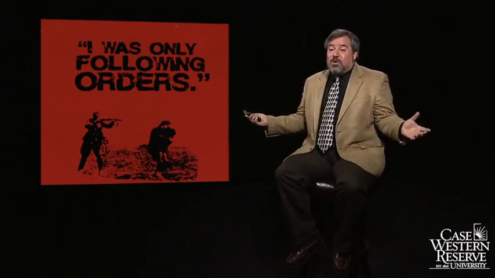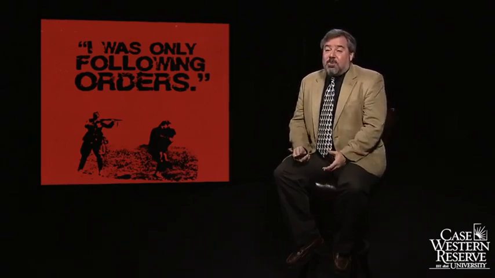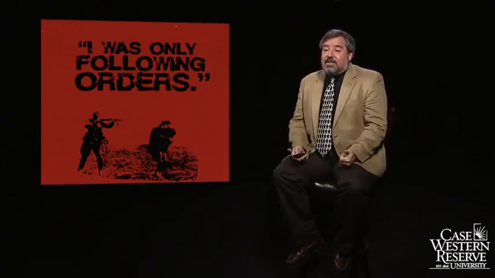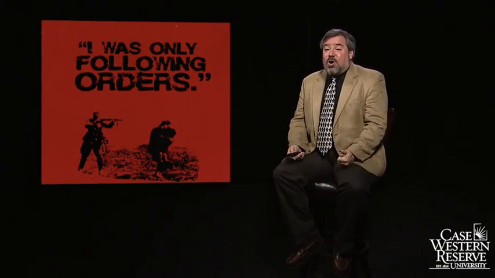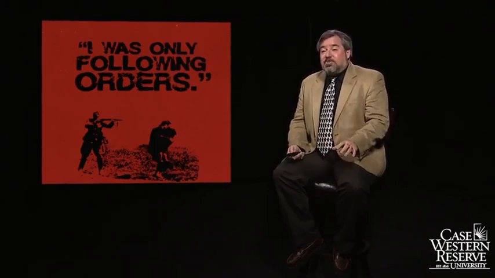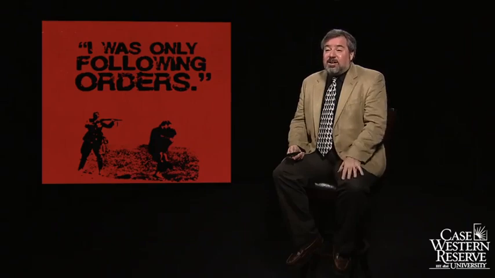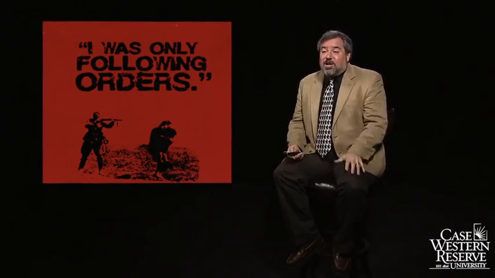Let's look at a much more interesting and complicated defense. The defense of, I was only following orders. At Nuremberg, every defendant, except for Goering, who was Hitler's second in command, claimed that they were only following orders. At all of the subsequent proceedings under Control Council Law Number 10, these mini Nuremberg trials we've been talking about, the individual said, I was only following orders.